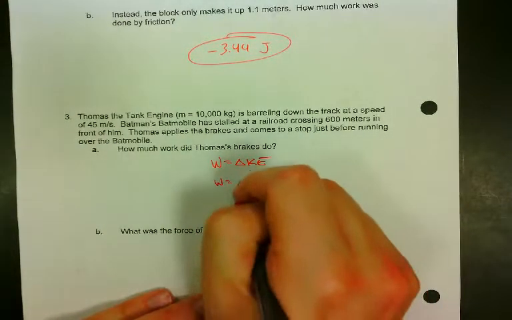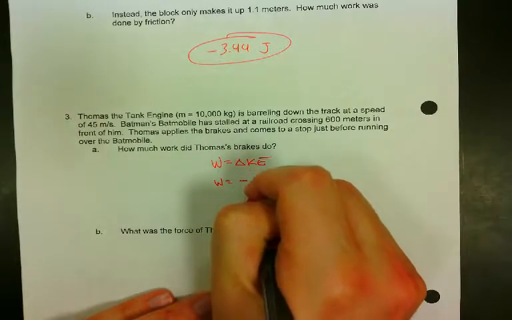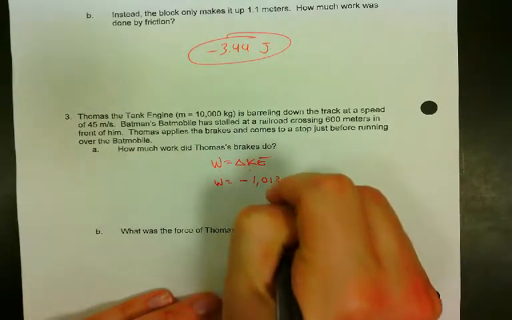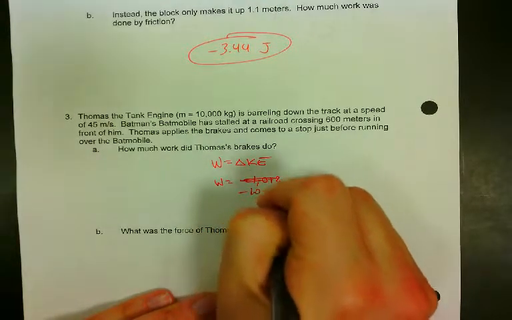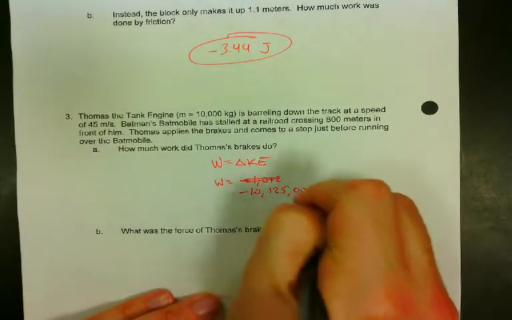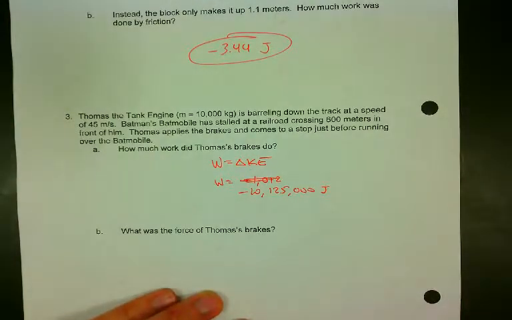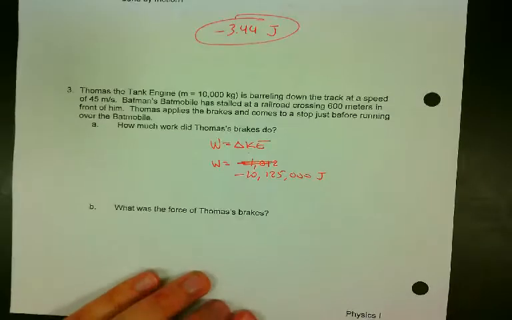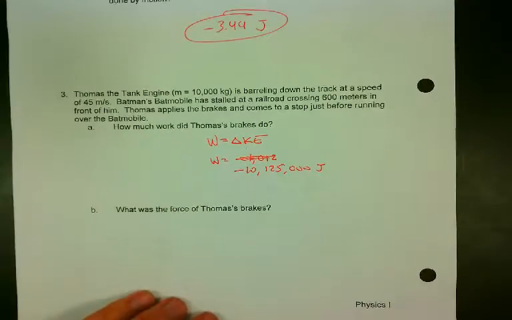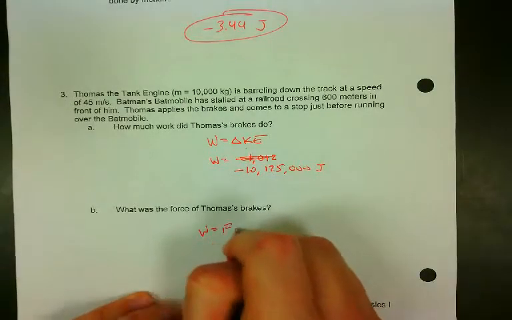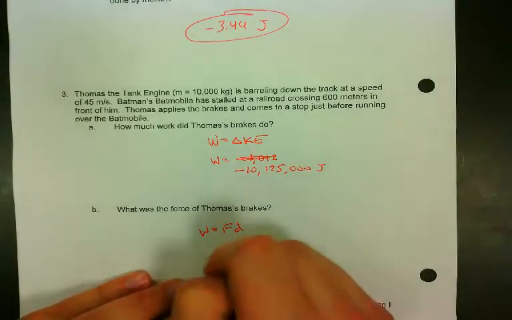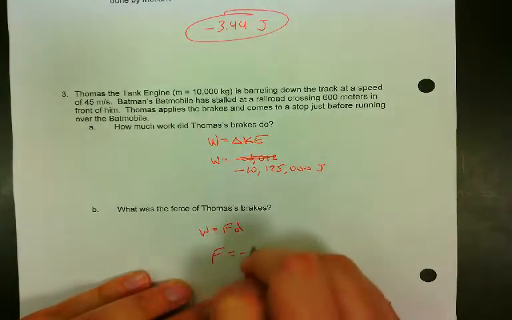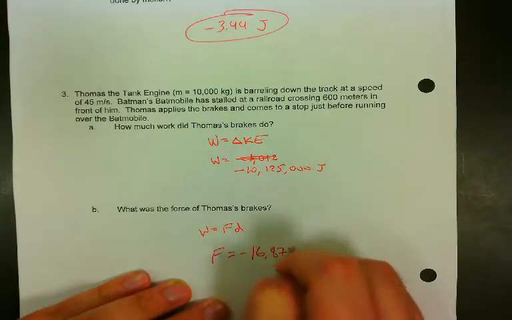I should get that work ends up being negative 10,425,000 joules. And then I can do work equals force times distance here, and I should get a force of negative 16,875.